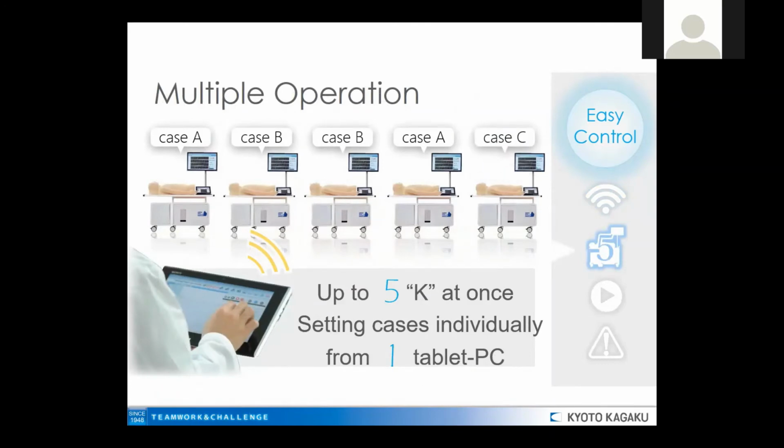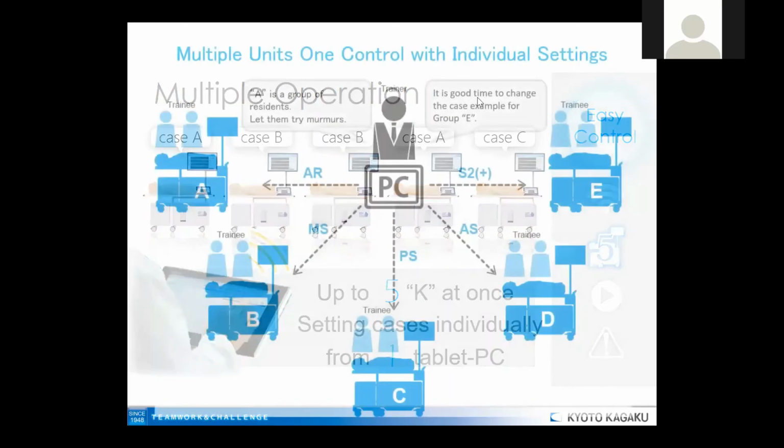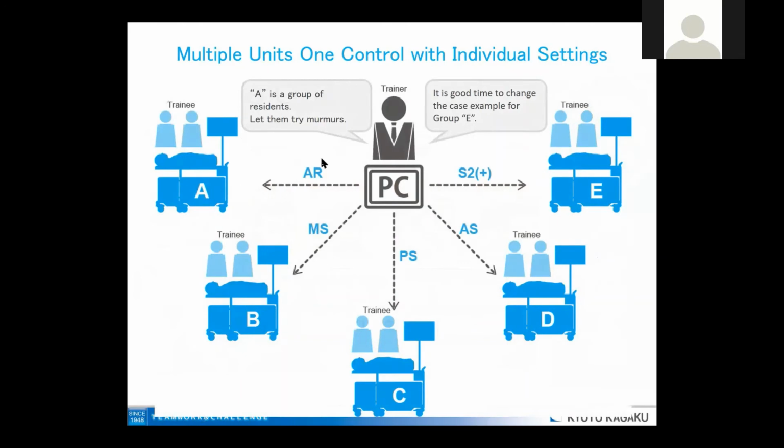Also, this tablet can operate 5 different units with different cases in each one. This means you don't need to put the same case for all the 5 units. You can put a different case in each one and change them anytime. Here we have a drawing showing what I just mentioned.